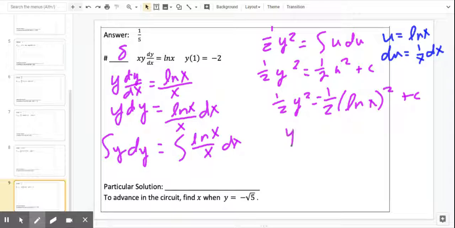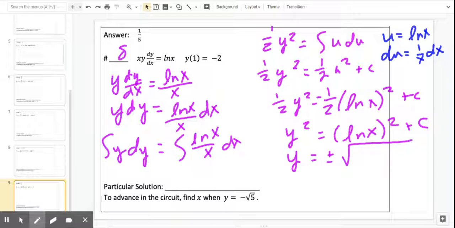So y squared equals natural log of x squared plus 2 times c, which we're just going to call that c. And then y equals plus or minus square root of natural log of x squared plus c. So that's our general solution.